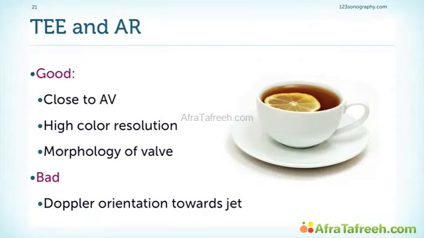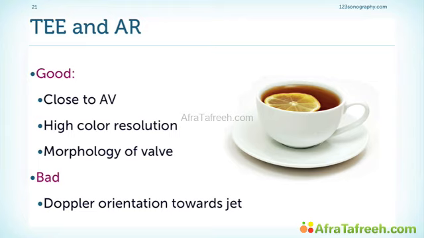Well, what are the advantages of transesophageal echocardiography? Well, the first thing is we're quite close to the aortic valve, which means we can use transducers with a fairly high frequency, which enhances the resolution of the image. So this is one big advantage.